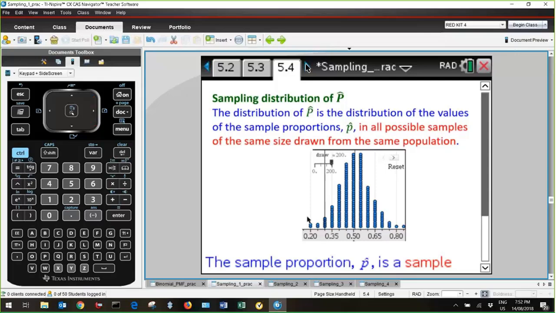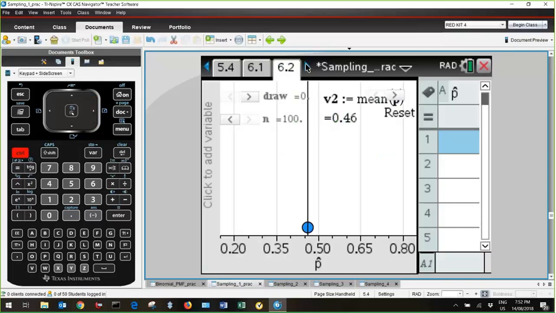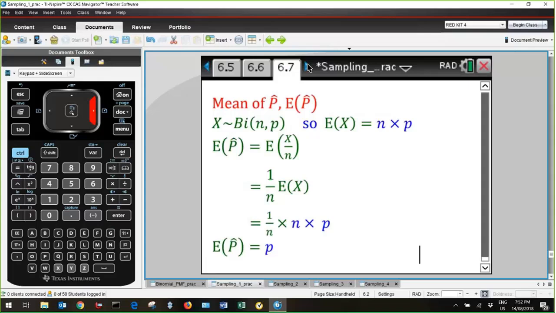Okay, so I'm going to skip all that, and we can do some algebra and show algebraically that the expected value of p hat really is p, which is what we saw by finding the mean of the values. And that's where I think it's really important in the first instance for students to build up that model of the sampling distribution one survey at a time, so they can see that it really does converge to p.